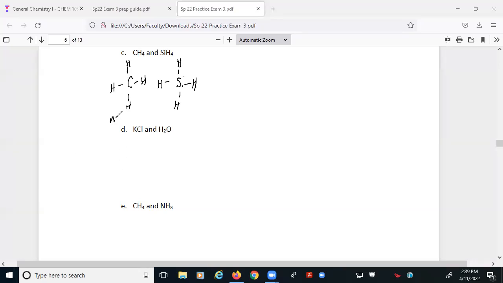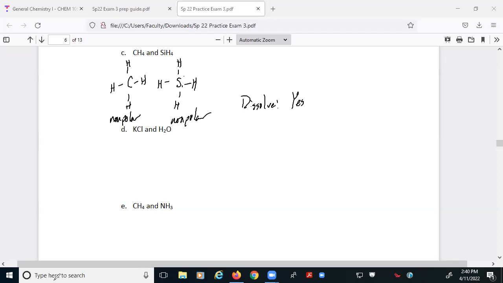So both of these are nonpolar. So again, we can answer that question of dissolving. Does it dissolve? Yes. Like dissolves like. They're both nonpolar. They'll dissolve in each other.